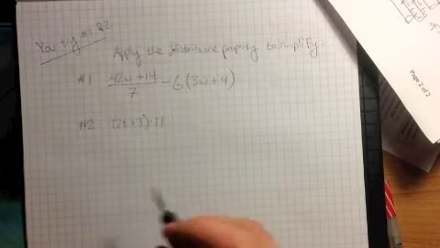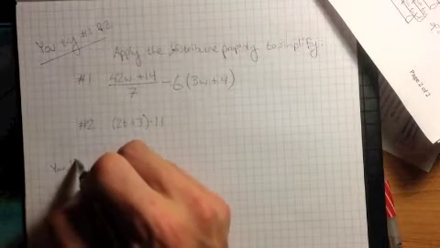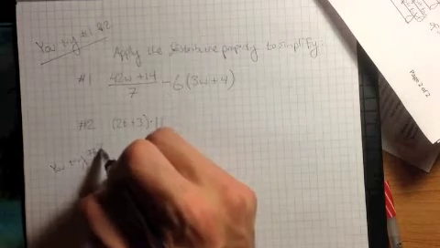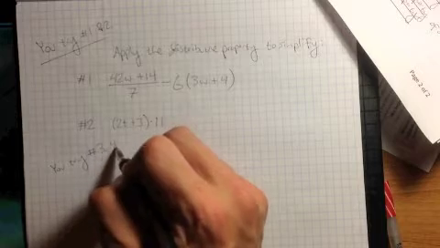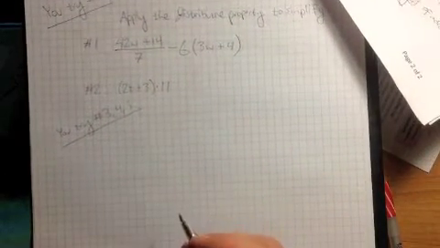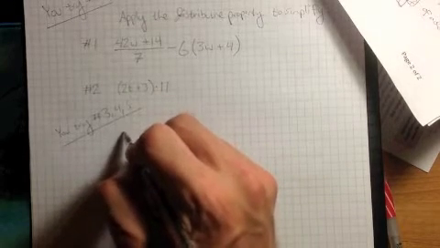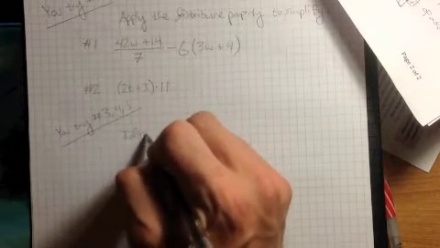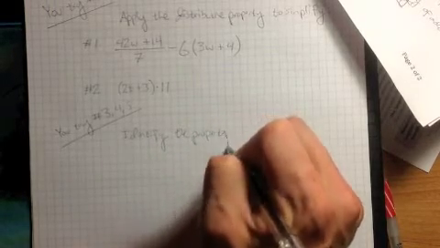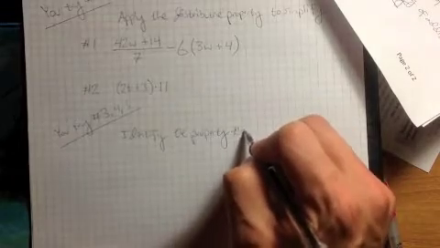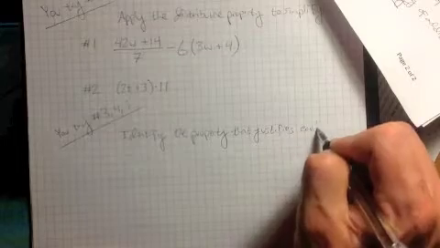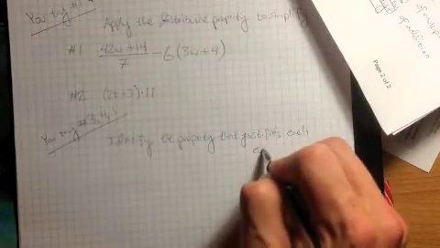Okay, and then you try numbers 3, 4, and 5. They look like this. Identify the property that justifies each equation.